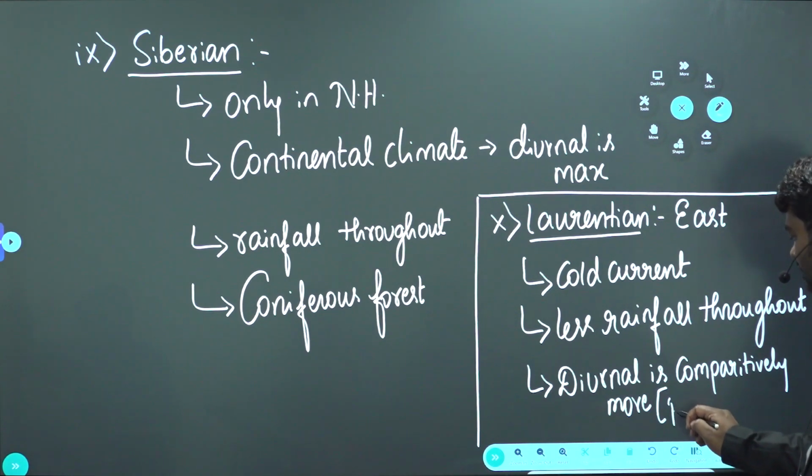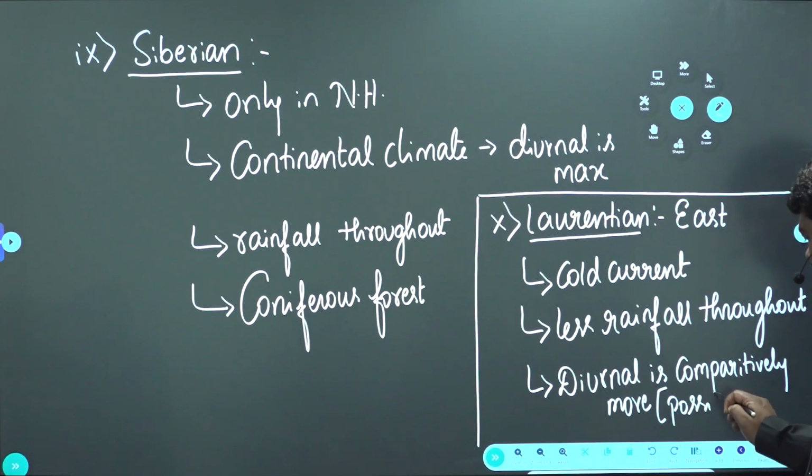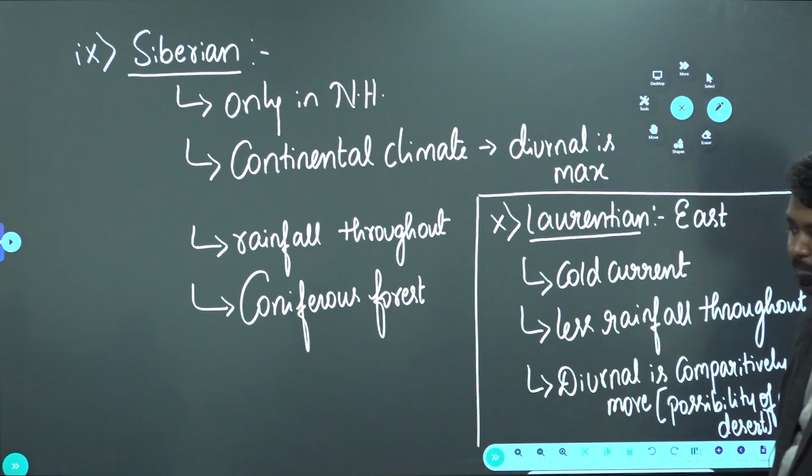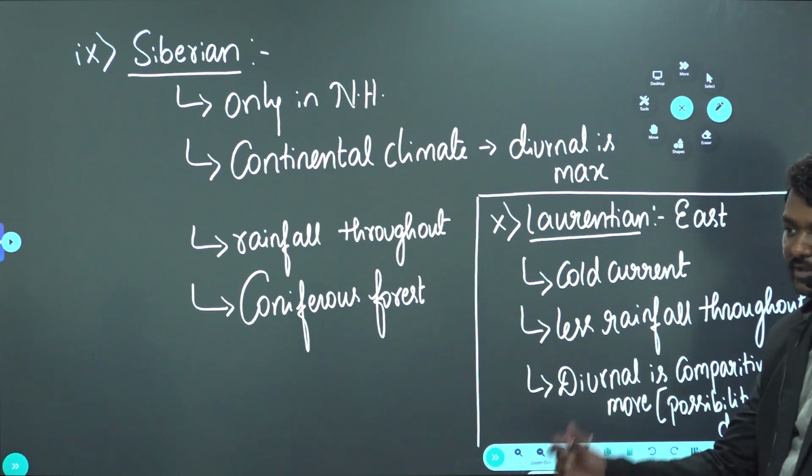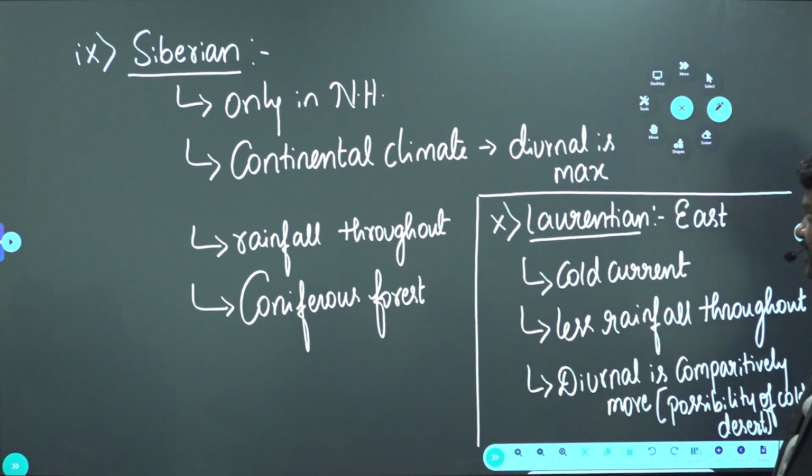Is possibility of cold desert also. Possibility of cold desert. You might have heard about Pampas, Patagonia Desert, South America, associated with Falkland Current.